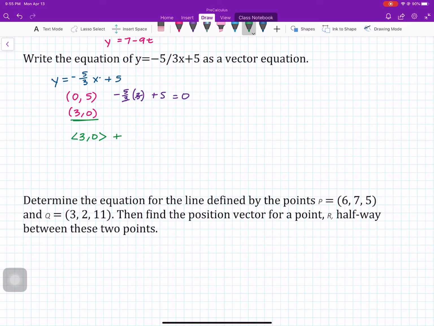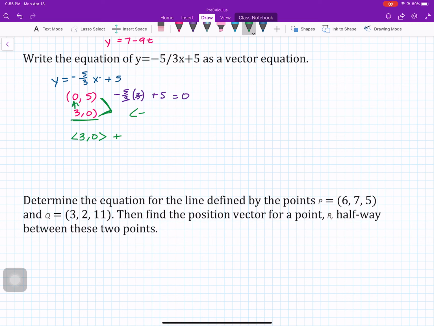Plus, and now I need to find my slope. So my vector between these 2 points, if I start at 0 and go to 3, I'm going up 3. If I start at 5 and go to 0, I'm going down 5. And actually, I'll stay consistent, and I will make this be my initial point of my vector.